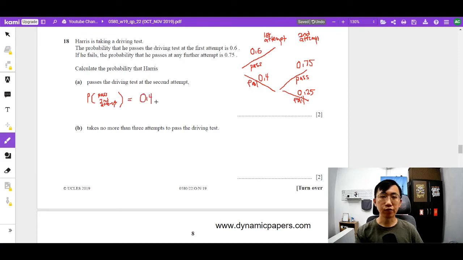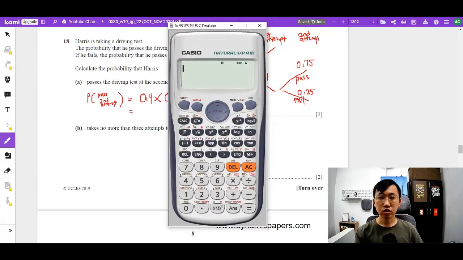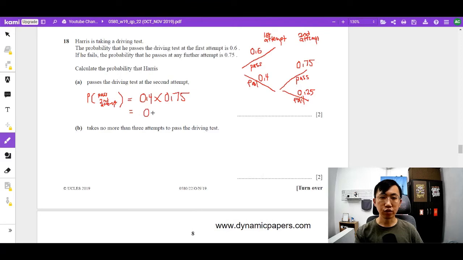So 0.4 times 0.75 will be your probability answer. So teacher is going to use 0.75 multiplied by 0.4. So 0.3, that is the answer.